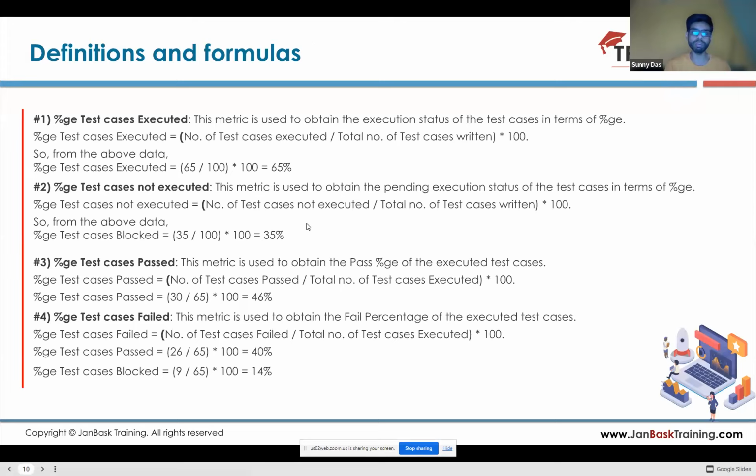Okay. In most of the cases they might ask you what the different test metrics are, or how you help to generate those test metrics.